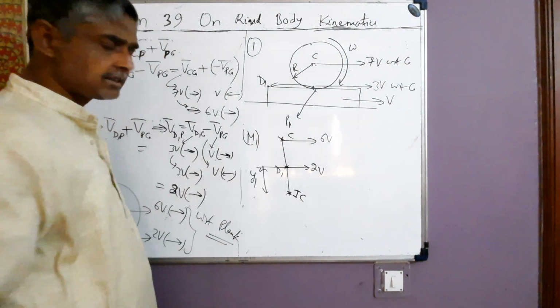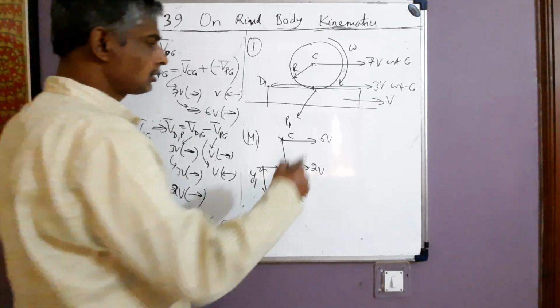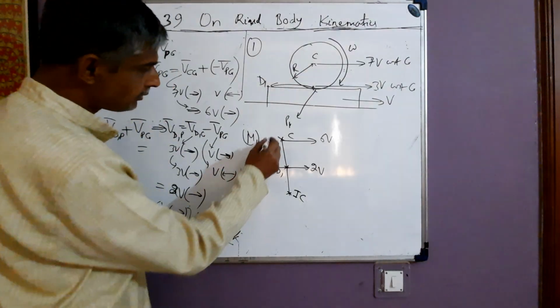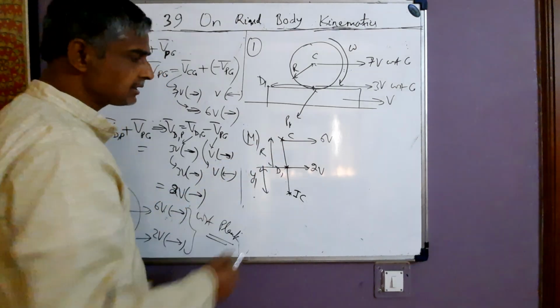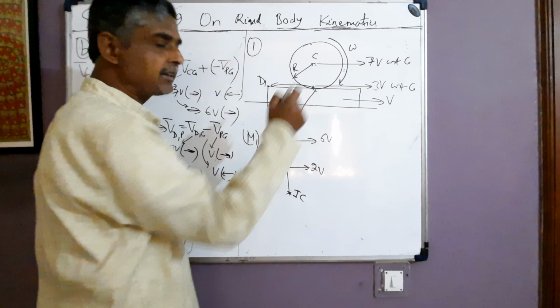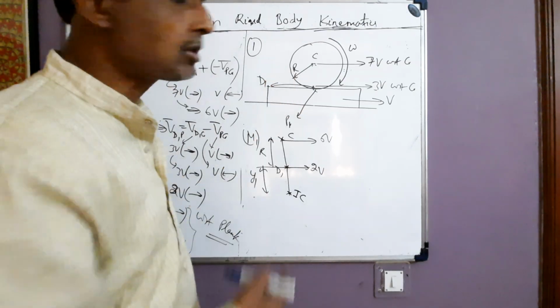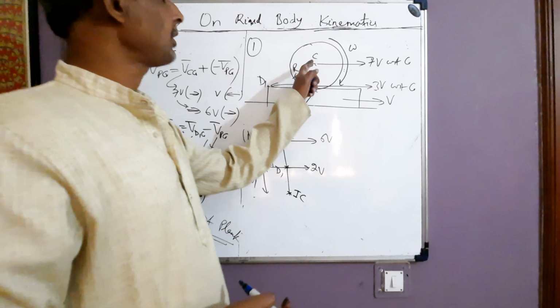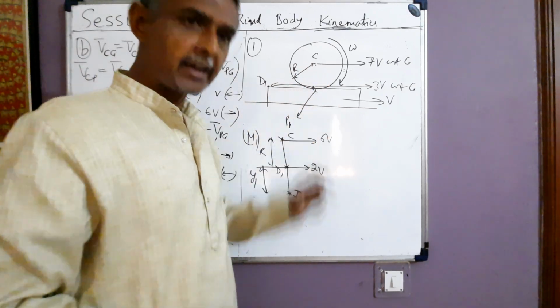Again, we use the IC concept. Center C is at a distance of r plus y1 from IC. Let omega 1 be the angular velocity of drum with respect to plank, because when we are finding the IC of drum with respect to plank, all the angular velocities also have to be taken with respect to plank.